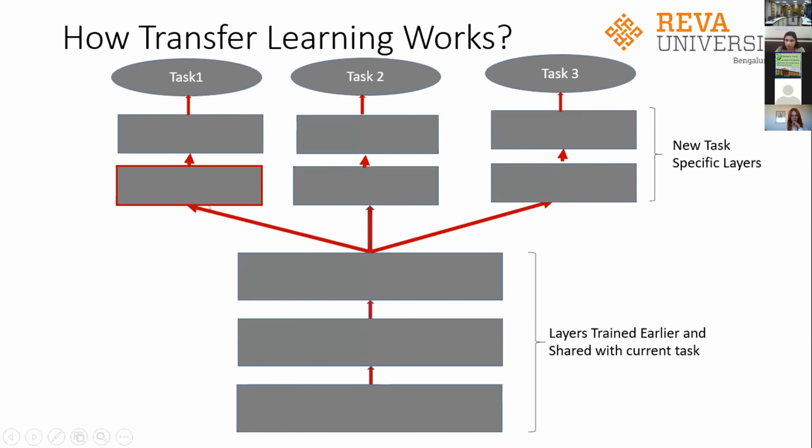And then I have 3 specific tasks. Let's say the classification task for my students at the university, or the task of identifying unidentified objects at an airport or something. So there is not a big enough data set for these problems, but we do have big enough data sets for generalized problems on which these 3 feature extraction layers have already been trained.